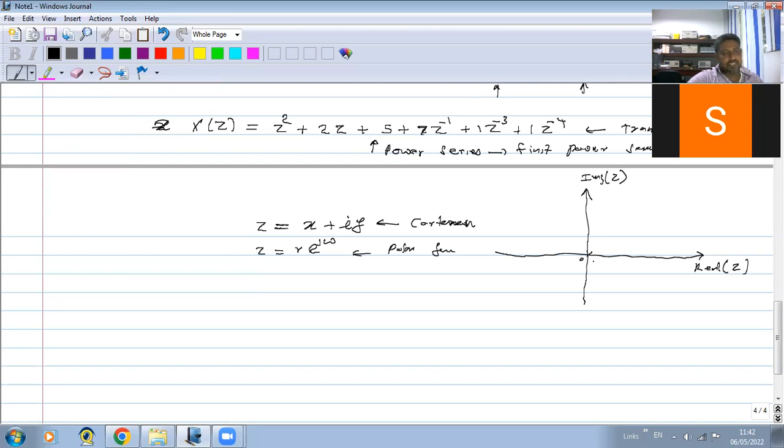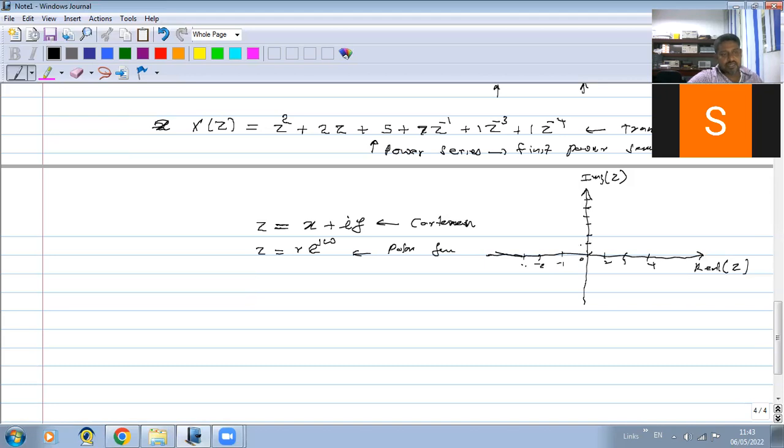It can be 0, 1, 2, 3 up to infinity, or -1, -2, -3 up to minus infinity. It can be a pure real number, and it can also be a pure imaginary number.